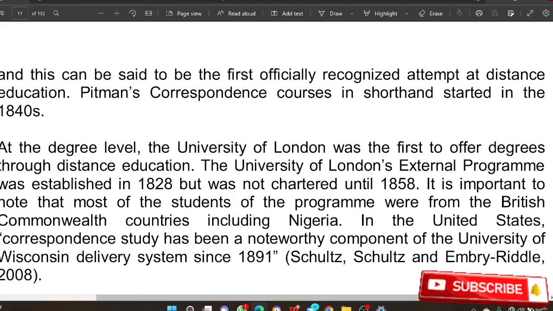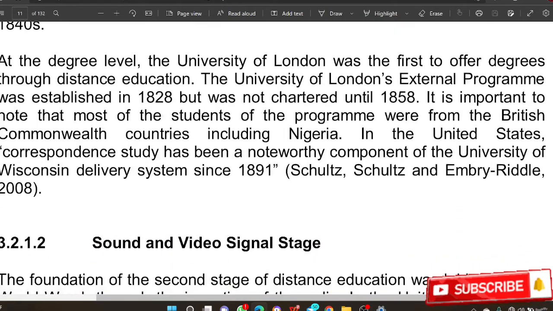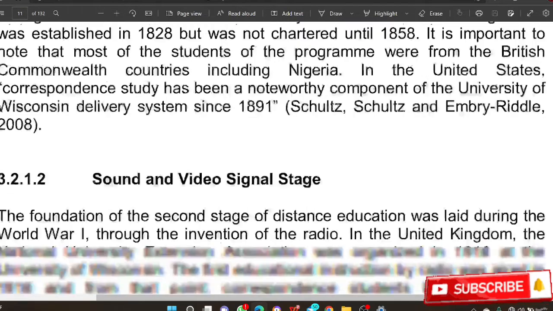In the United States, correspondence study has been a noteworthy component of the University of Wisconsin delivery system since 1891. Schultz and Embry-Riddle, 2008.